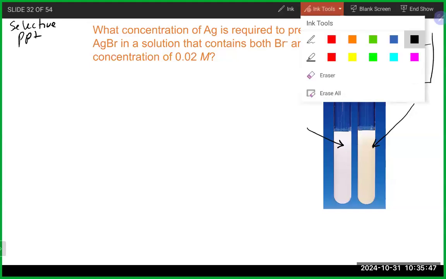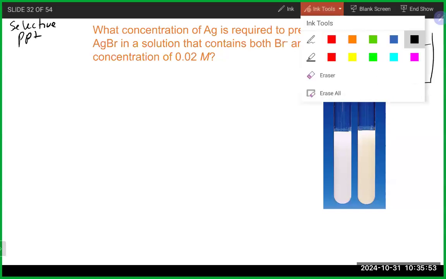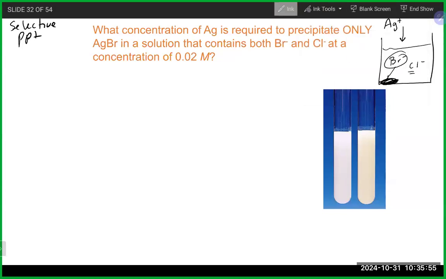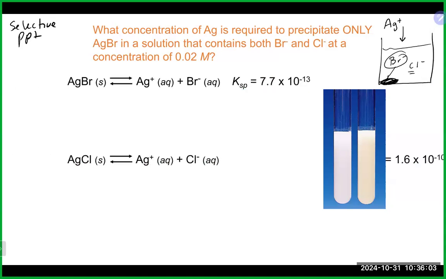So the selective precipitation is really this idea of using KSP and basically figuring out how we could just basically ultimately reach in there and just kind of take one ion out of the solution at a time. And we can use the KSP to help us do that. And if we look at our two KSP reactions here, we have silver bromide, which has a KSP value of 7.7 times 10 to the minus 13.